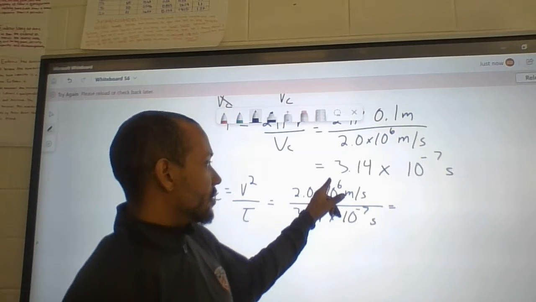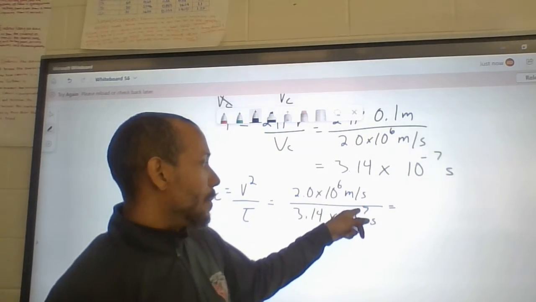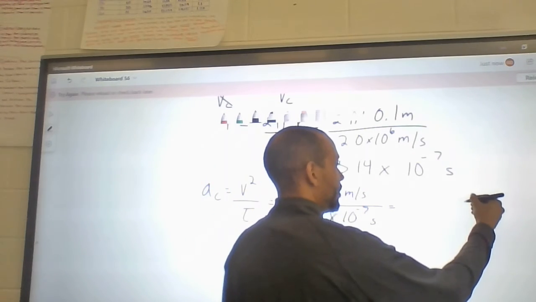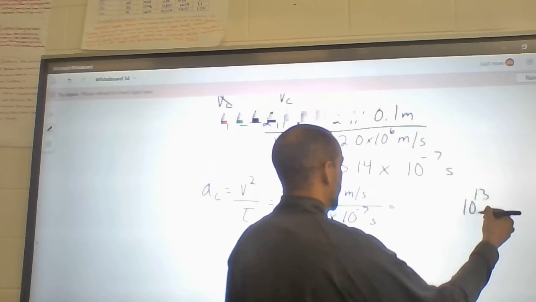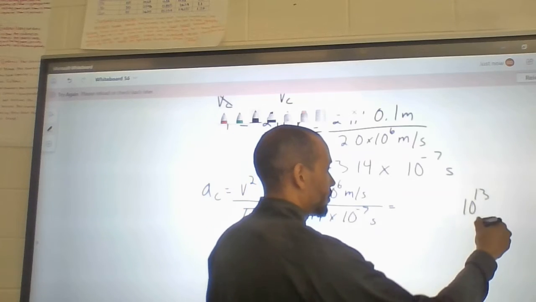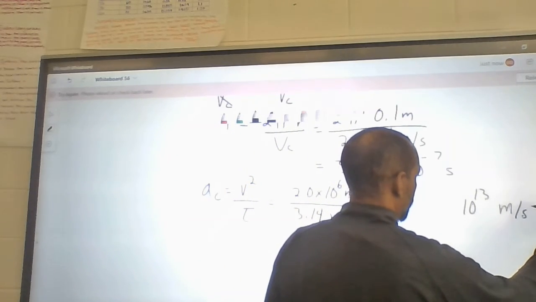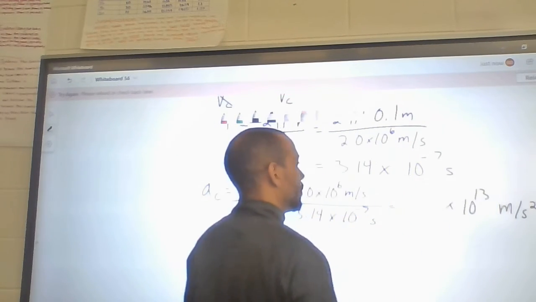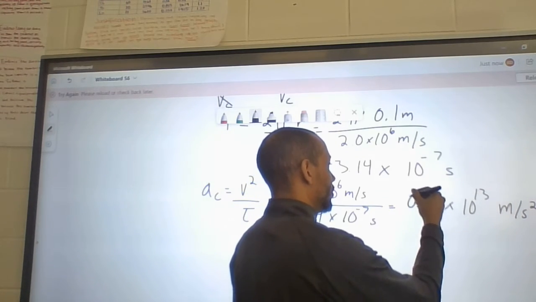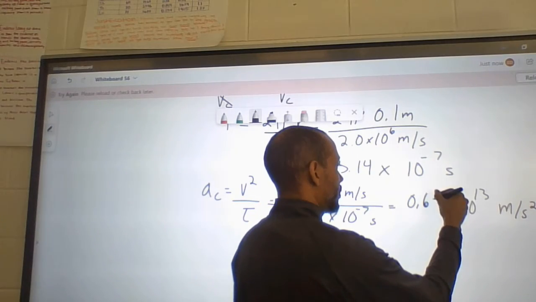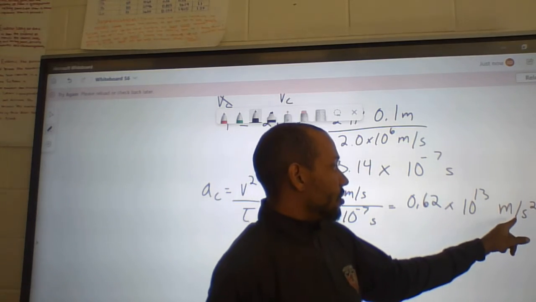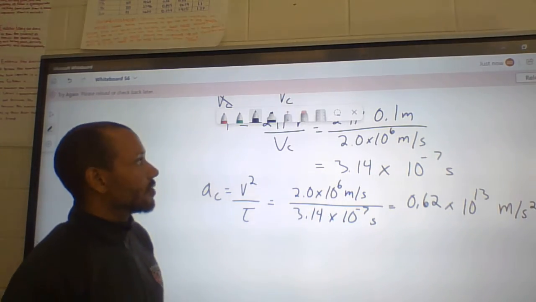So I know that we can subtract these off. Positive minus a negative is going to be plus a positive. So that'll be 10 to the 13. Meters over seconds, that's meters per second squared. And then this will just be a decimal here, 0.62 or something like that. So now we have the value for acceleration and correct units. So always make sure we have the correct units.